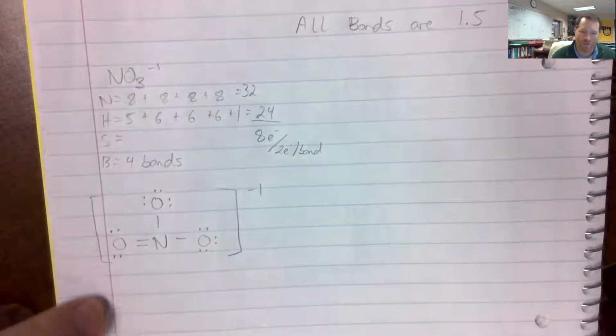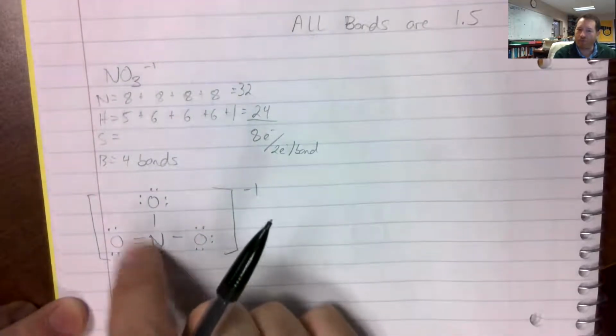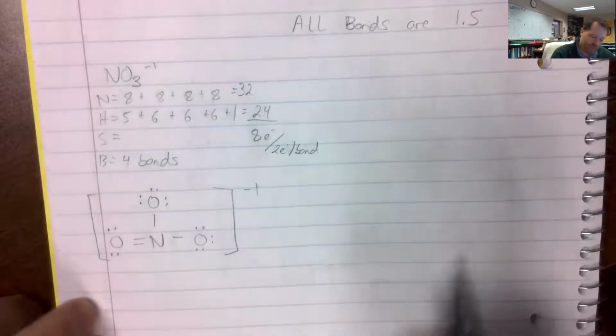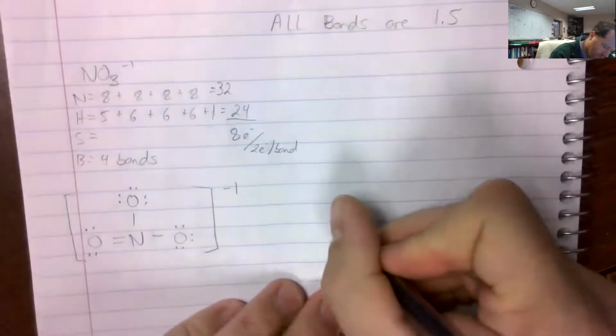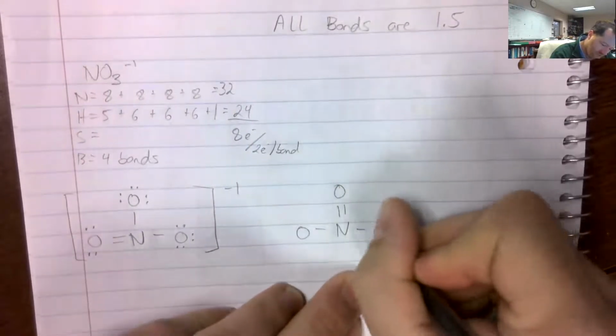And then again, we have to notice currently the double bond's right here on the left, but there's nothing stopping it from being up here on top. So we get to draw it again. Double bond on top this time.